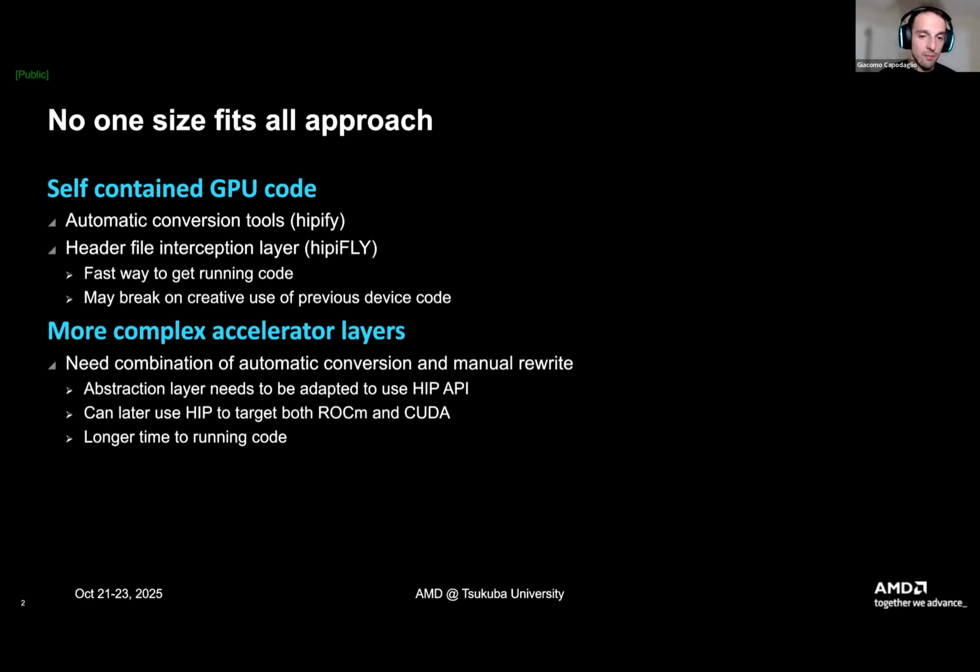But the main takeaway of this slide is that there are several approaches that you can select and that we support. And in general, porting is relatively easy. Obviously, if you have many custom calls that may not be supported by HIP from CUDA, then it may be a little more cumbersome, but eventually it will work out.